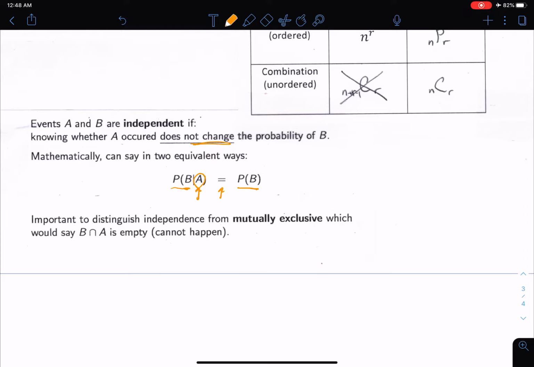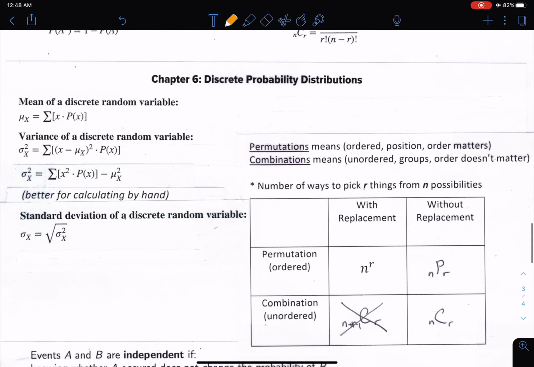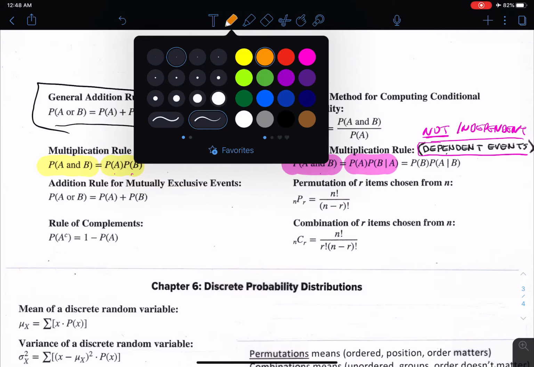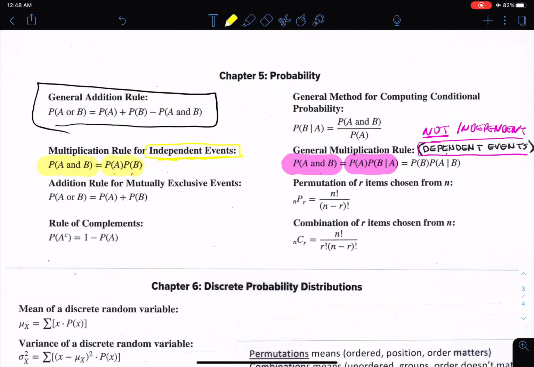So I did it that way, and that's a fine way to do it. When I did the pull down menu, they had a different choice, and probably a faster way to do it would be to just take a look at our formulas up here. Essentially, if the probability of A and B equals the probability of A times the probability of B, that would prove that A and B are independent.